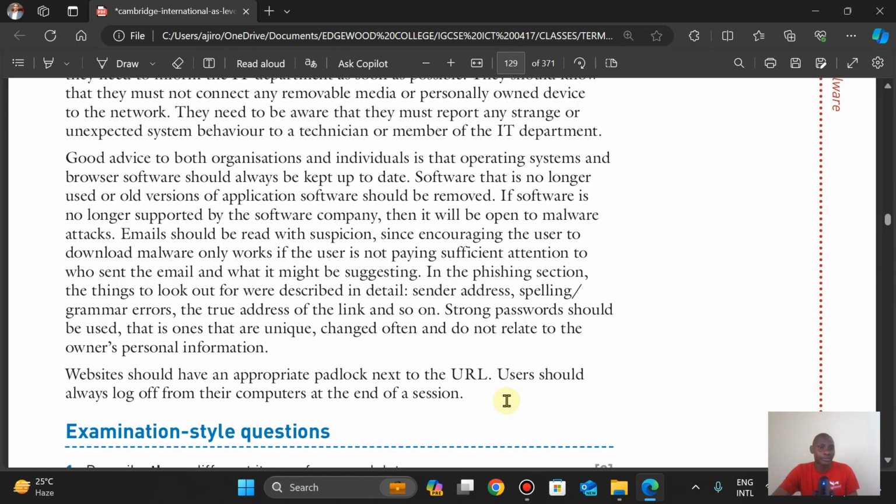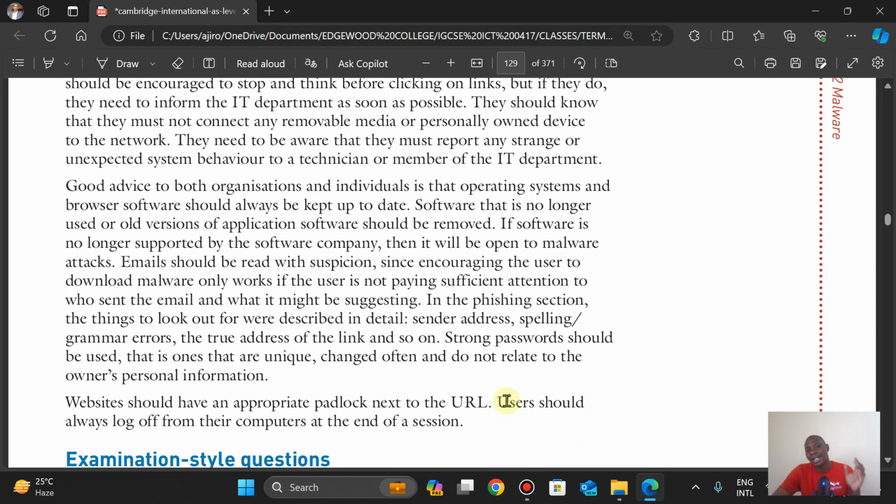Finally, good advice to both organizations and individuals is that operating systems and browser software should be kept up to date. Software that is no longer used or old versions of application software should be removed.